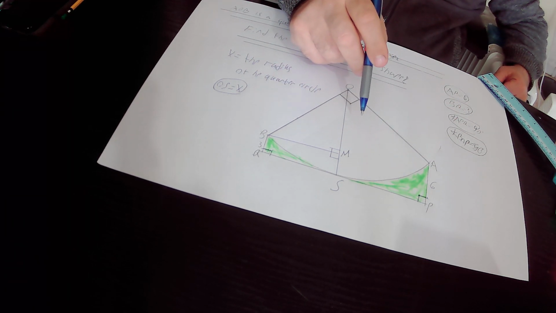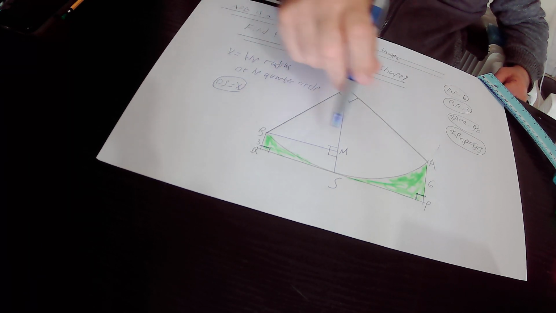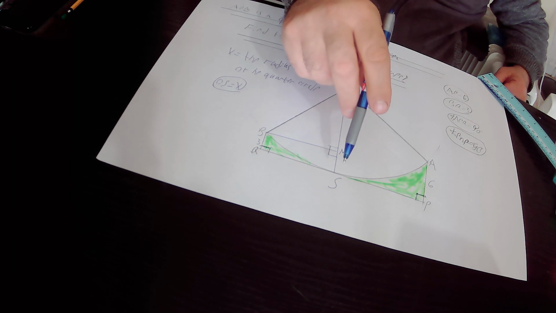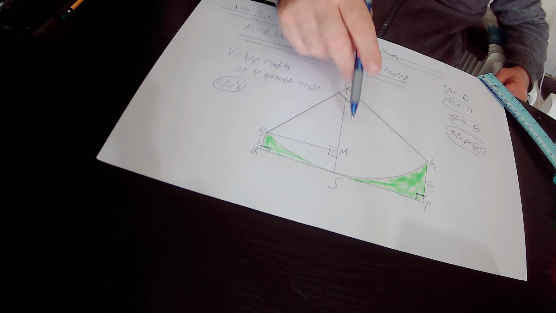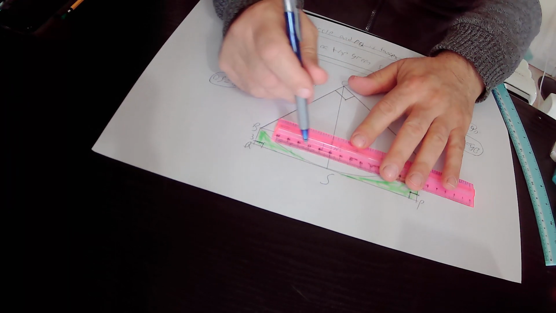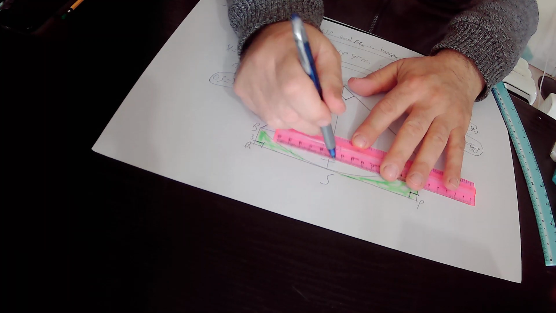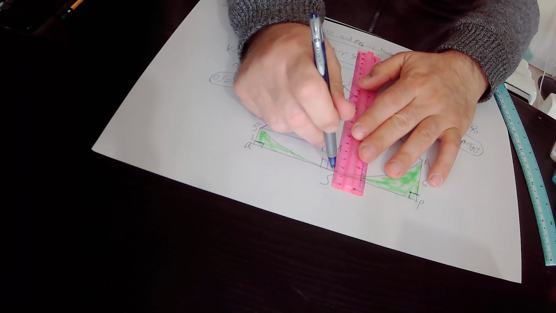And whenever you have a radius that is drawn to the point of tangency, then tangent QP will be perpendicular to the radius SO. If QP is perpendicular to SO, it means that this angle equals 90 degrees, and this angle also equals 90 degrees according to rule 1.